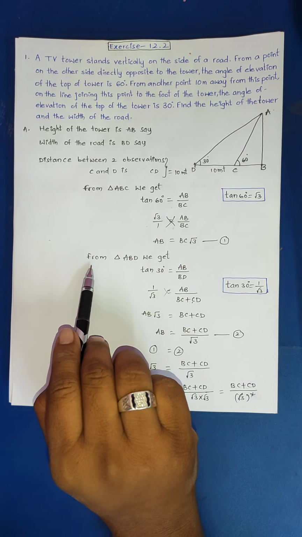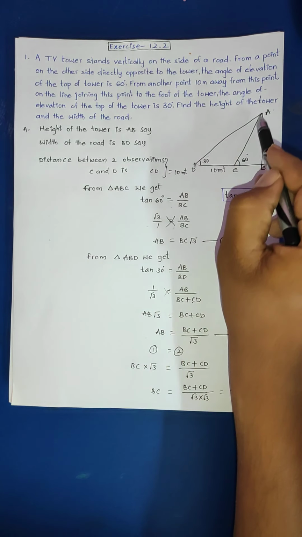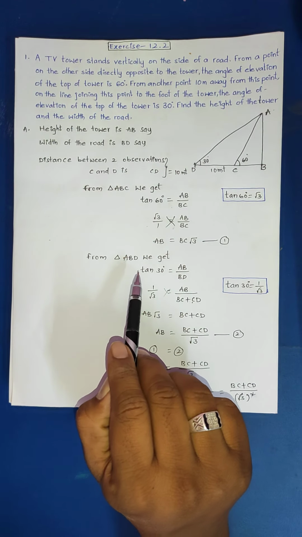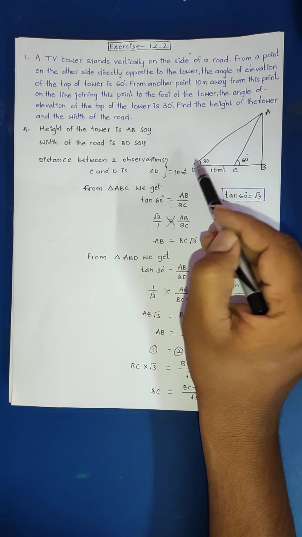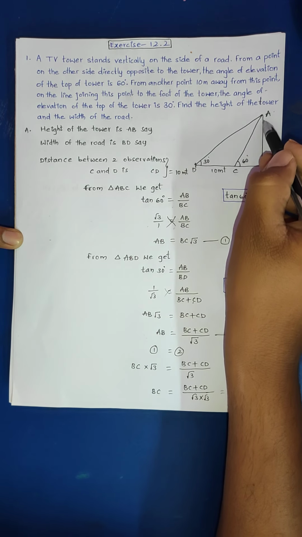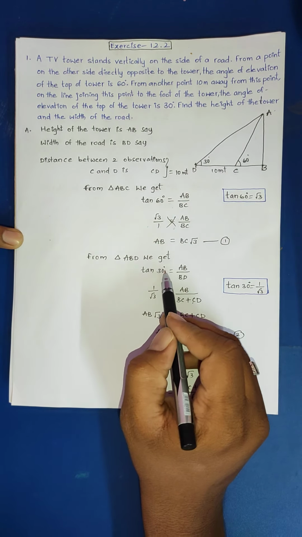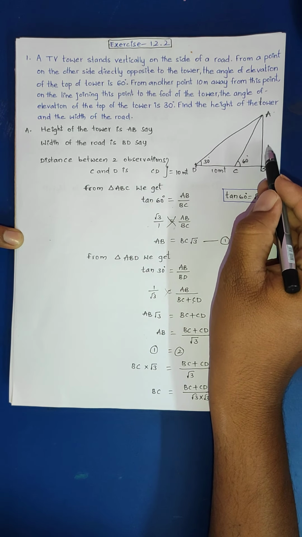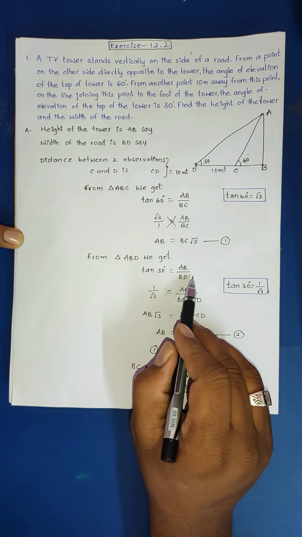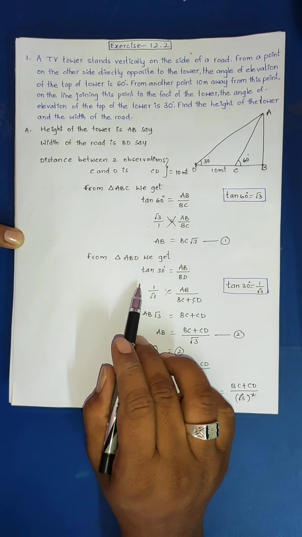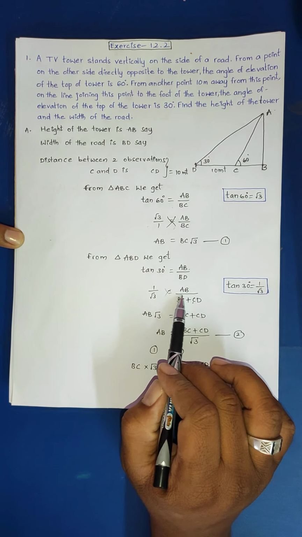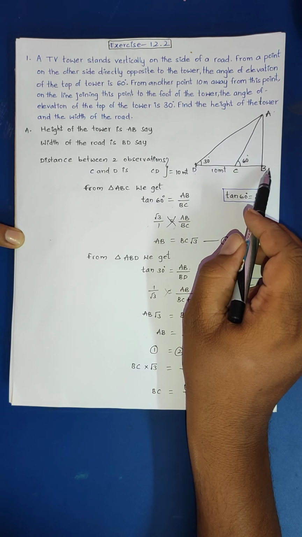In this way, from triangle ABD, the biggest triangle, from another point D, tan 30. See this triangle ADB, this big triangle. Tan 30 is opposite side AB by adjacent side BD. Tan 30 how much? 1 by root 3. Now AB by BD.